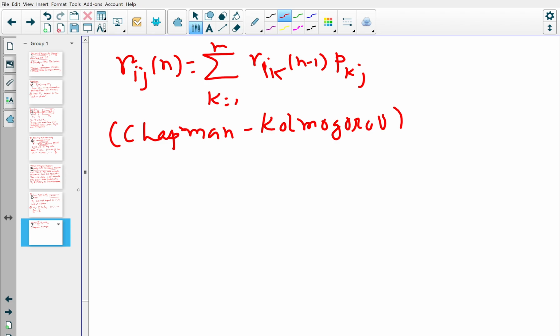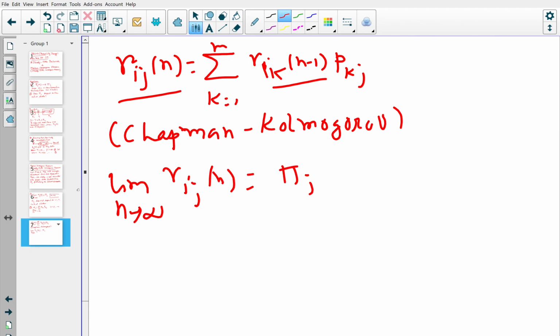equation, right? Now in the first condition we assumed that this probability has a limit as n tends to infinity, and this is also the same limit, right? So the limit as n tends to infinity of r ij of n is pi j, and the limit of r ik of n minus 1 is pi k, because n tends to infinity means n minus 1 also tends to infinity.